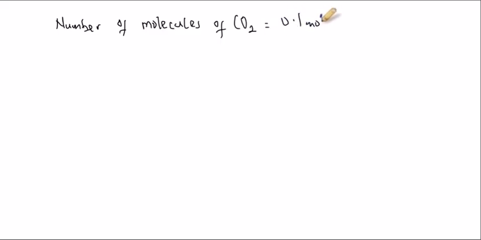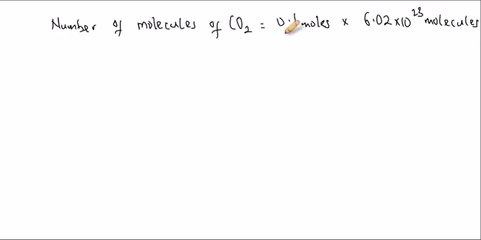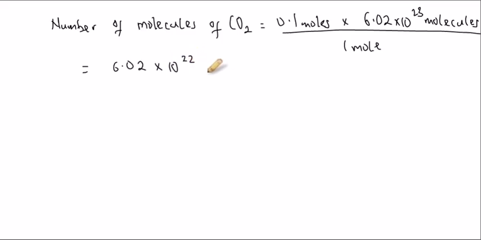The number of molecules of CO2 equals 0.1 moles multiplied by 6.02 times 10 raised to the power 23 molecules divided by 1 mole. So this equals 6.02 times 10 raised to the power 22 molecules. This will serve as the final answer.